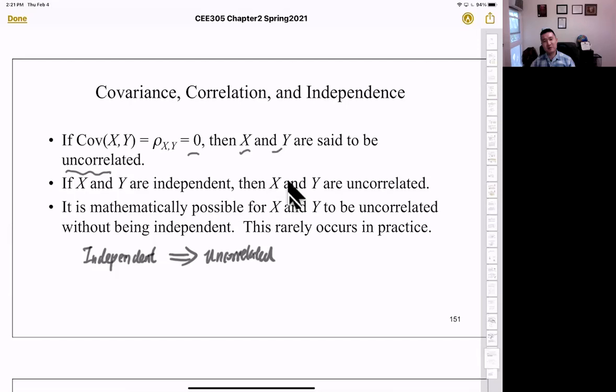In practice that rarely occurs, but being uncorrelated does not guarantee they are independent.